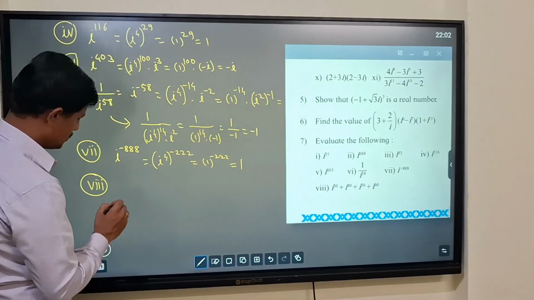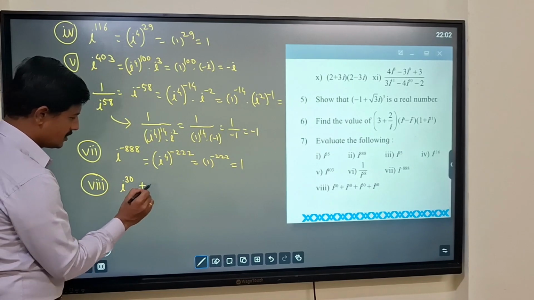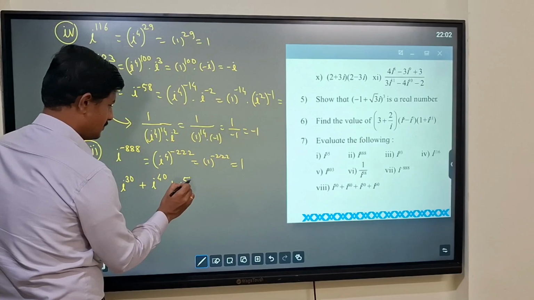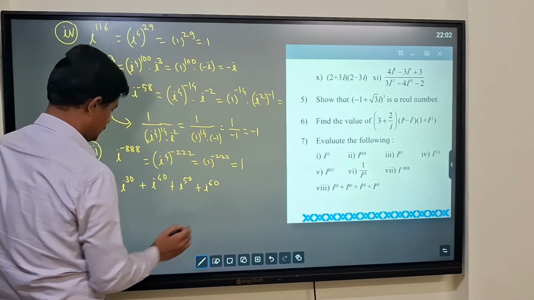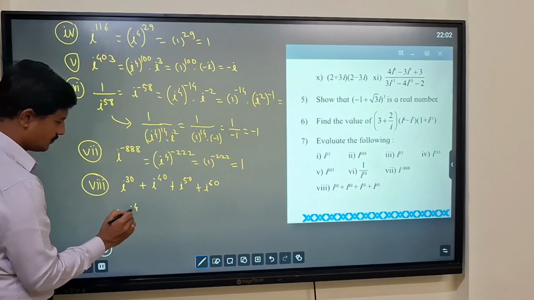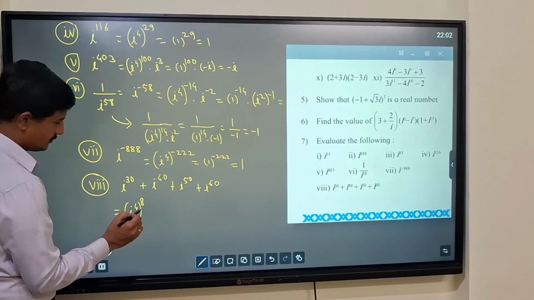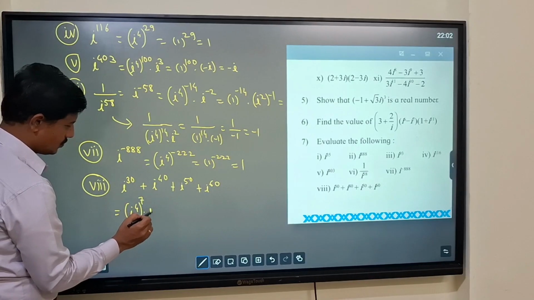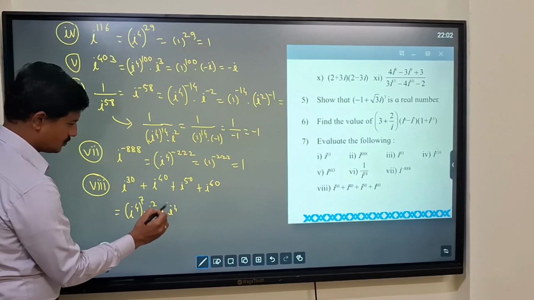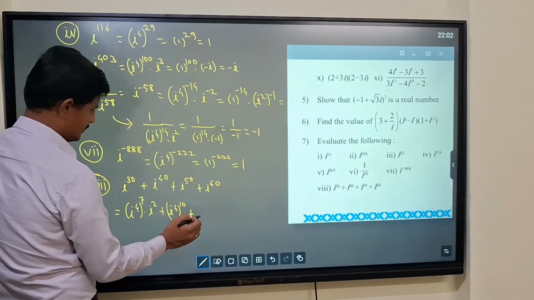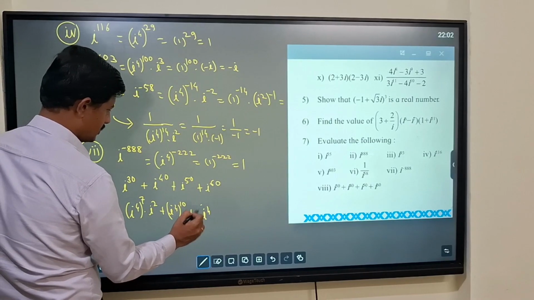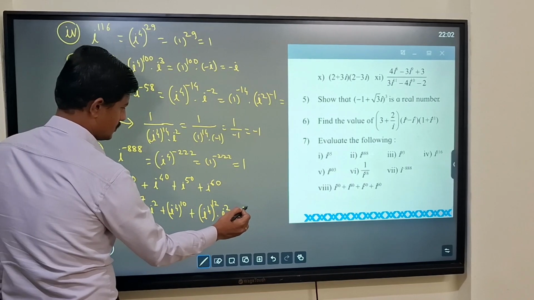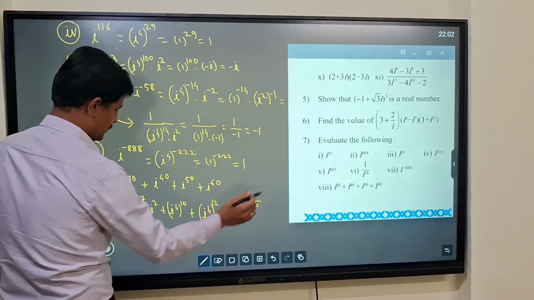Now the eighth one: i raised to 30 plus i raised to 40 plus i raised to 50 plus i raised to 60. So we can write i raised to 4 raised to 7, 4 sevens are 28, into i square, plus i raised to 4 raised to 10, plus i raised to 4 raised to 12 into i square, plus i raised to 4 raised to 15.